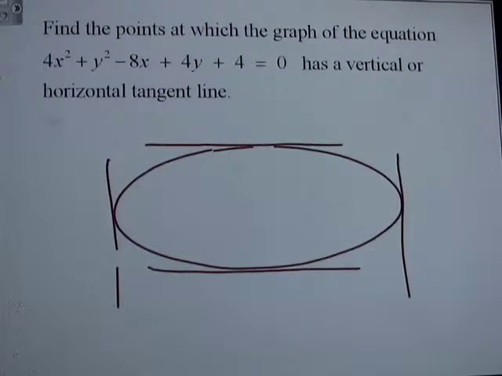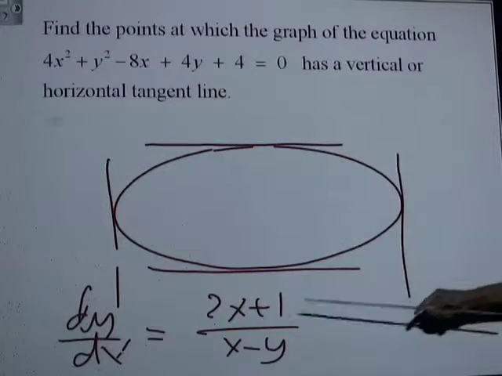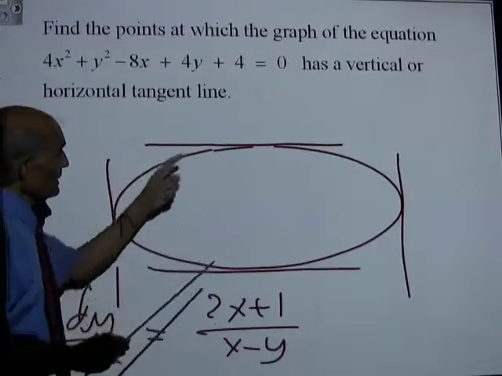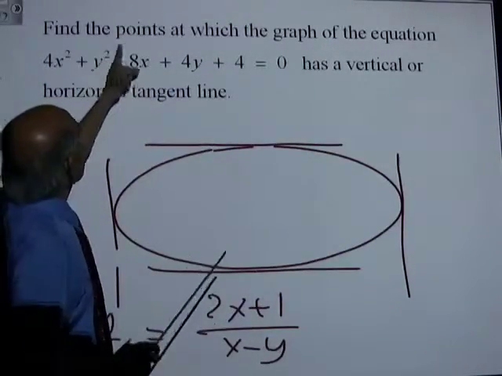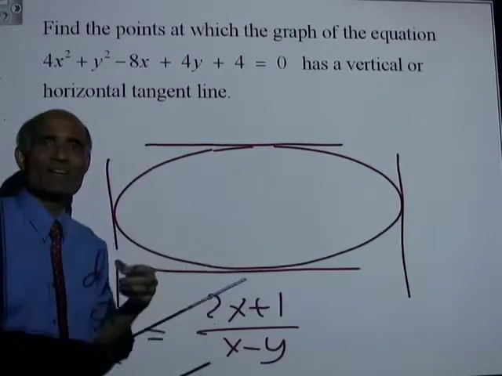Well, you see, how to deal with these? Suppose we get the slope expression dy by dx, say, equal to 2x plus 1 over x minus y. Now, how do we use this to obtain this information? Now, we want to find the point at which the graph has a horizontal tangent line.